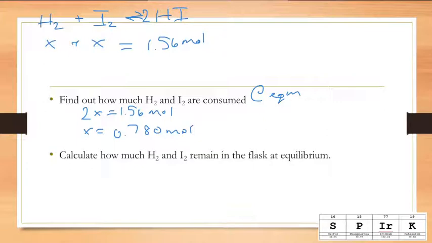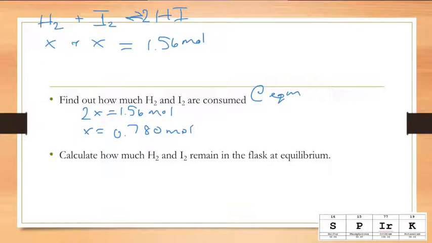So that means that 0.780 moles of H2 and I2 were consumed during this reaction, because that is how much was needed to form 1.56 moles of HI.